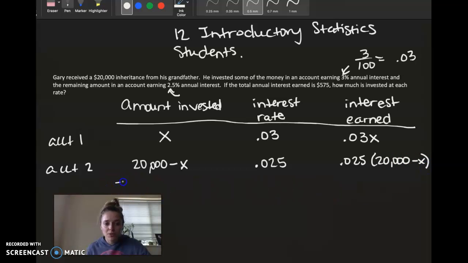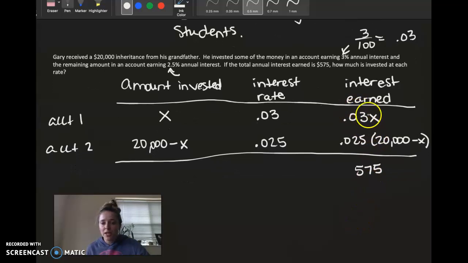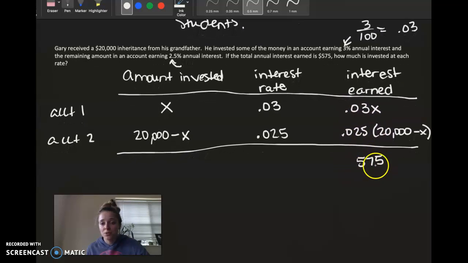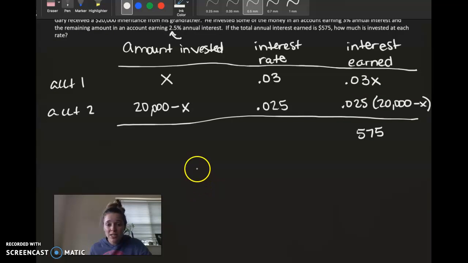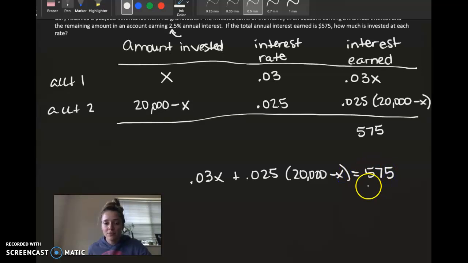I also know that the total amount that I earn is equal to $575. So it's going to be what I earned in account 1 plus what I earned in account 2 will be equal to the total amount. So that means now we have an equation: 0.03x plus 0.025 times 20,000 minus x equals 575.